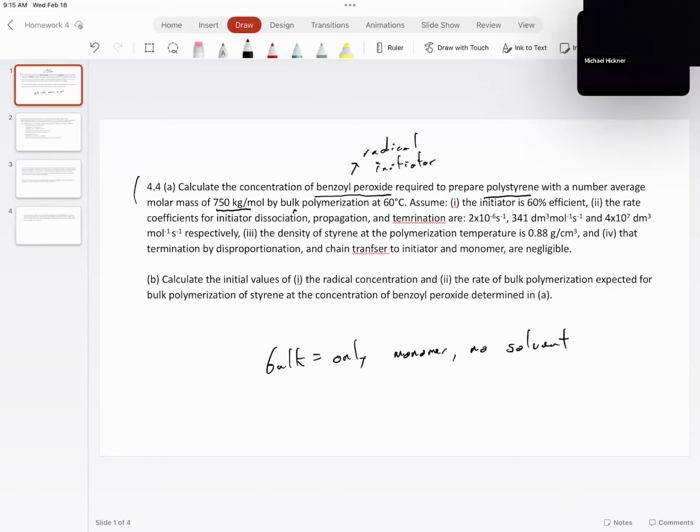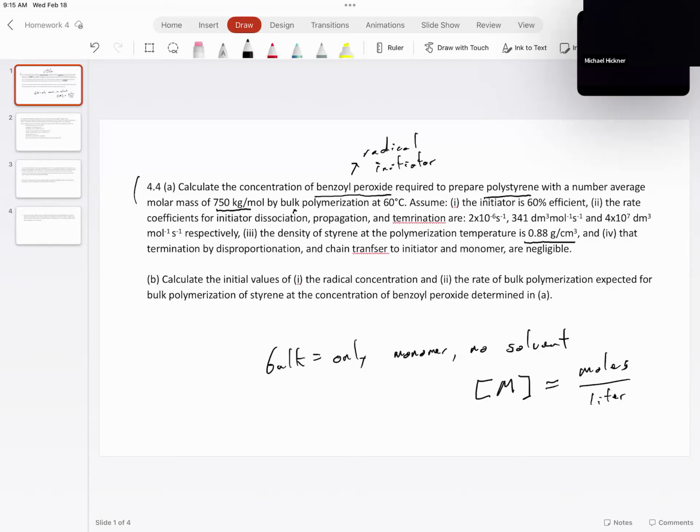I tell you a little bit about how to figure out the concentration of the monomer. We need the concentration of monomer from the density. Remember, the units of concentration are moles per liter, so you have some unit conversion there.